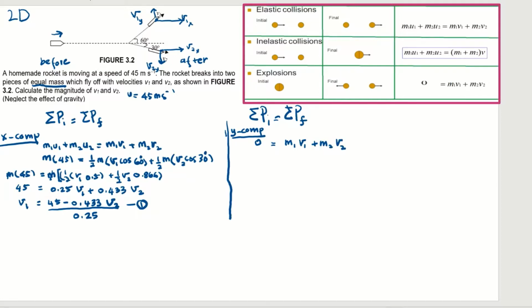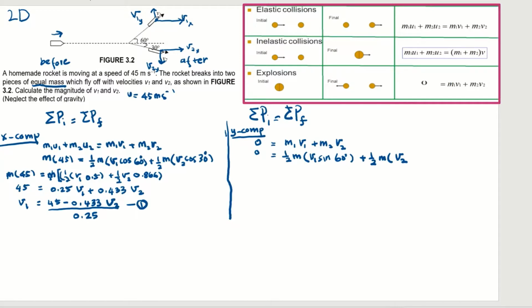Then substitute. v1 here is the v1y component, so v1 sin 60, plus m2 and v2, this one is 30.